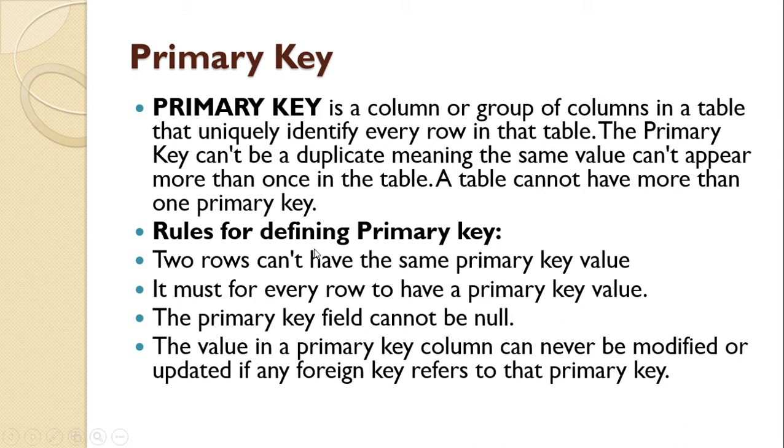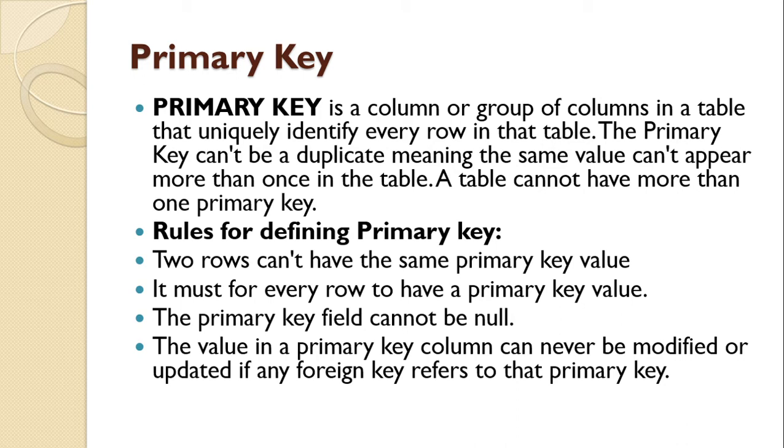So the rules for defining primary key. We have the example of primary key such as a roll number in your class. Roll number is the column which contains the unique value, and no student in your class will be without a roll number.